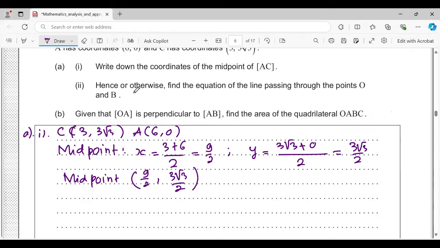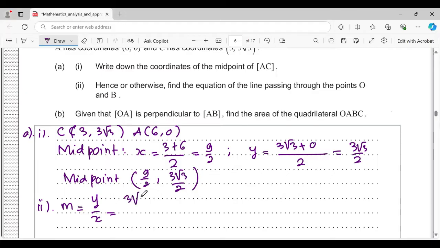Hence or otherwise, find the equation of the line passing through the points O and B. Part 2. So to find the equation, we need to find the gradient first, y over x.